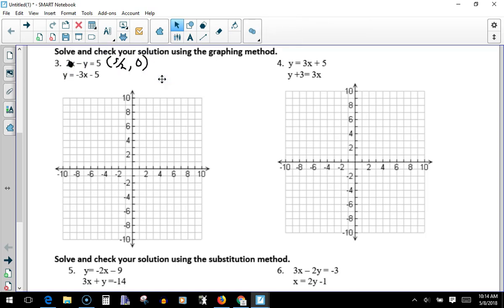And be careful here, because negative y is 5. I plugged in 0 for x. So positive y is negative 5. So I'm going to go to 0, negative 5, put it down right there. And 5 halves, which is 2.5, right there. That's going to be hard to do on the board, but we'll see. Try my best.